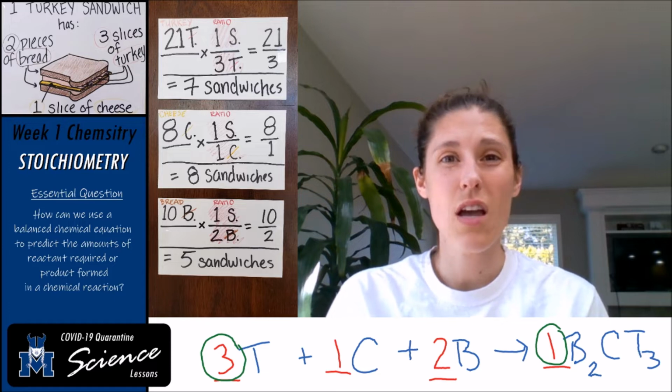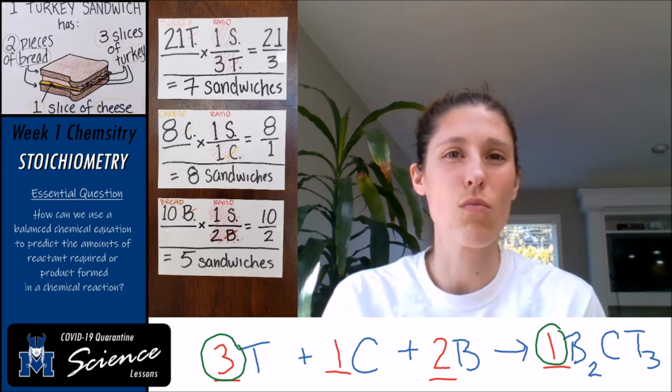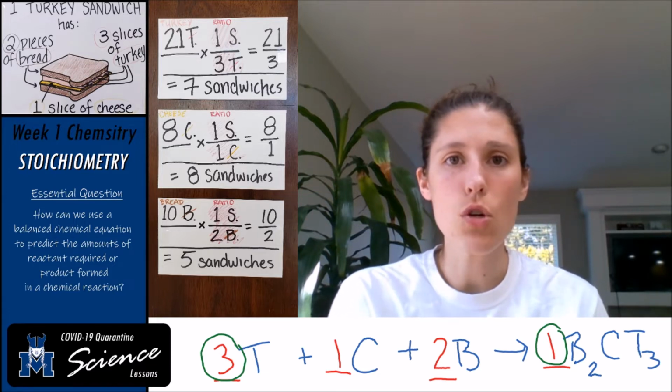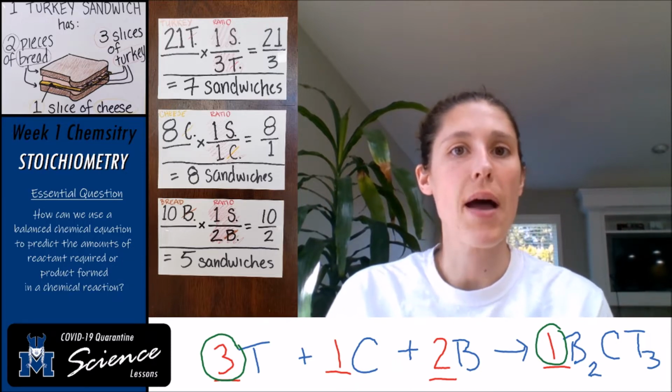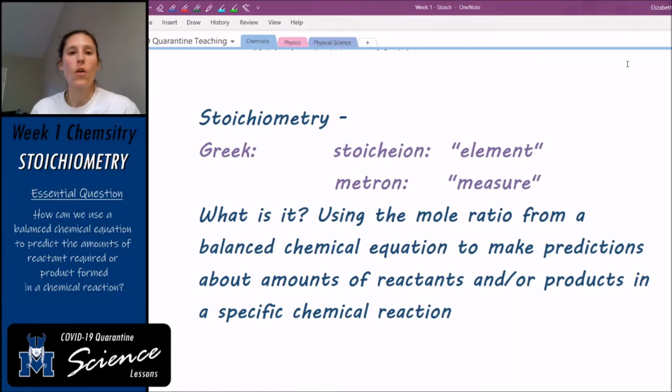We are going to talk now about how we can do stoichiometry, how we can relate the moles of reactants and products using our balanced chemical equation. The word stoichiometry is kind of long and cumbersome, but it basically comes from the Greek stoichion, meaning element, and metron, meaning measure.